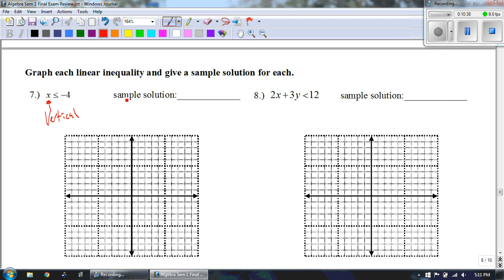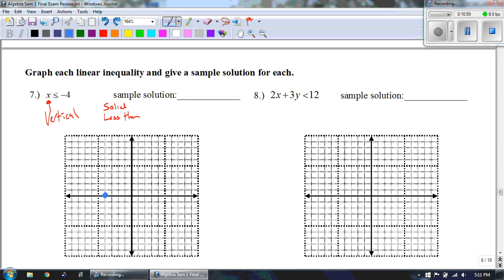Okay, now that inequality means that it's going to be solid and it is less than. Okay, so at -4, so x is less than -4, that's -4 right there.